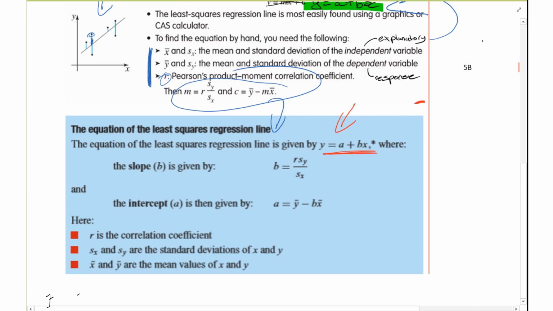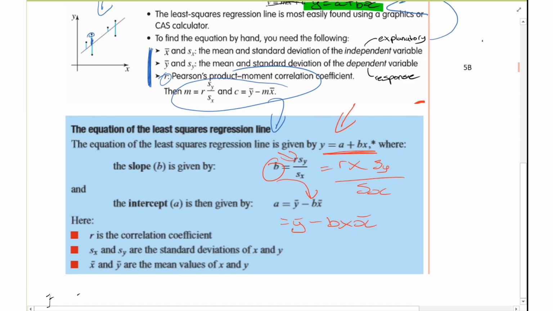Now, we generate the slope by looking at r. So b equals r times sy divided by sx. You'd have to be given that, and I have seen questions where they will give you this information. Once you've worked out b, you put that into this equation where you've got a equals y bar minus b times x bar.